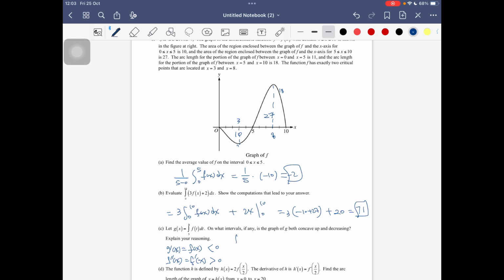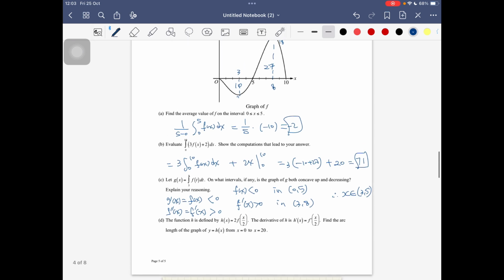So f of x is smaller than 0 in 0 to 5. F prime of x is larger than 0 in 3 to 8. Therefore, x should be between the intersection of these two intervals, which is 3 to 5. Number D, defined h of x.